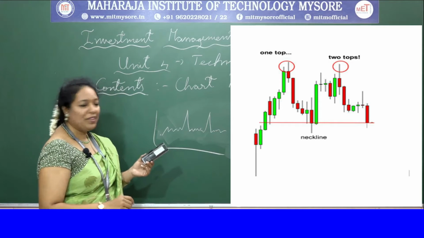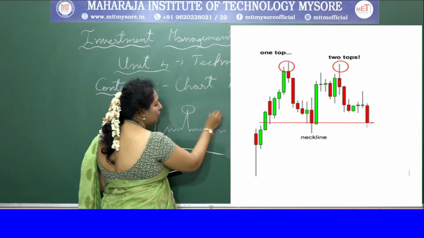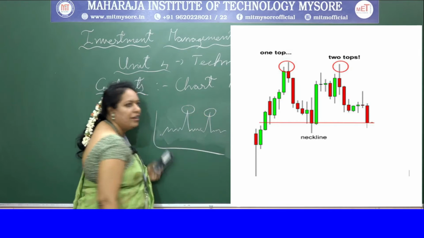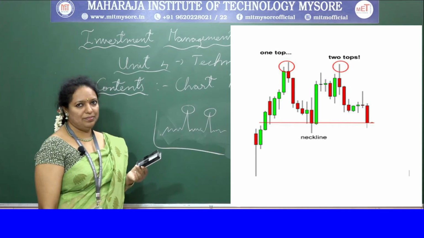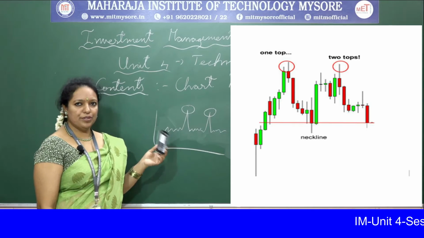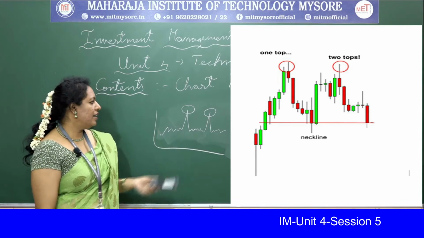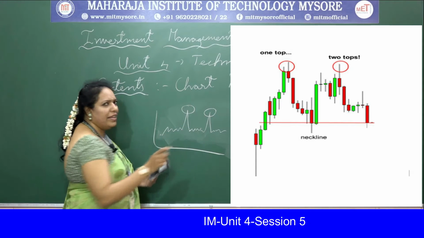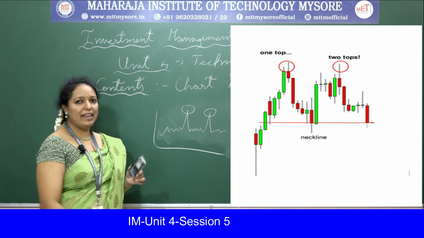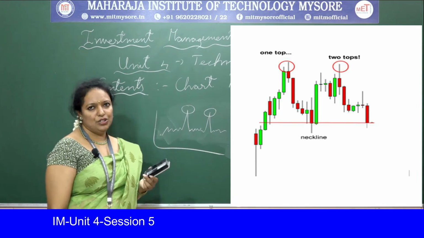Like this, you can identify top 1 and top 2, where you have a double top. Hope it is clear. The trend where the tops are nearby, at the same level, is a double top.